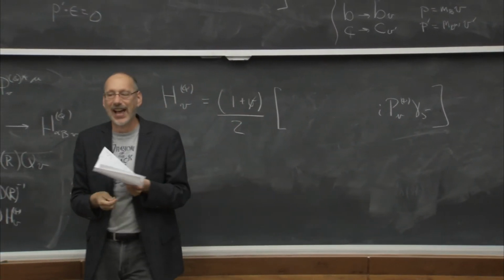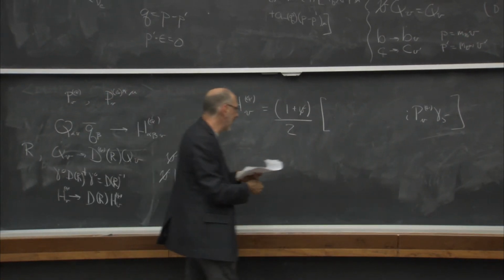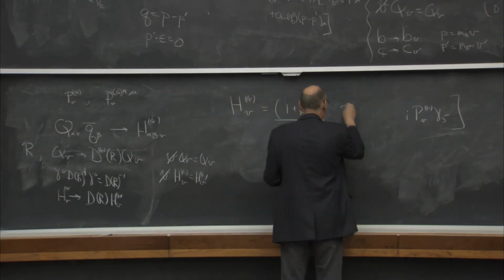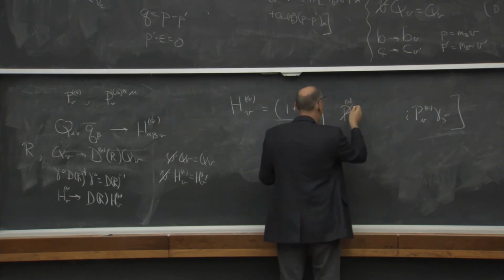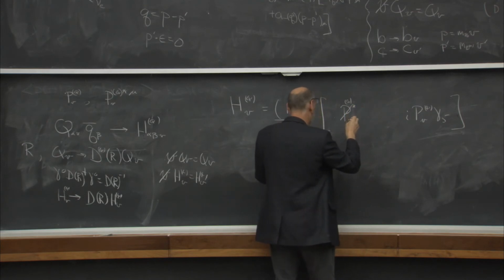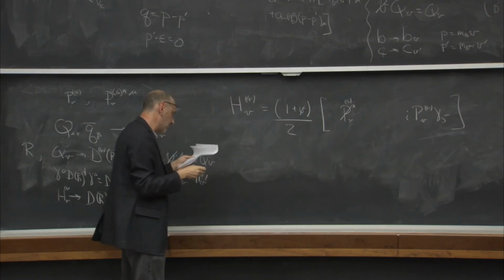Some people might not have the i. That's their business. I'm putting an i in. But that's just convention. Then I got to have the vector. It's a vector, so no gamma 5s on this part. I got to contract the index, so let me use a gamma mu matrix. And then there's the star. Geez, this notation's kind of cumbersome. And that's it.